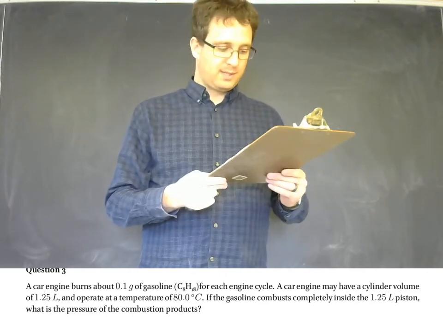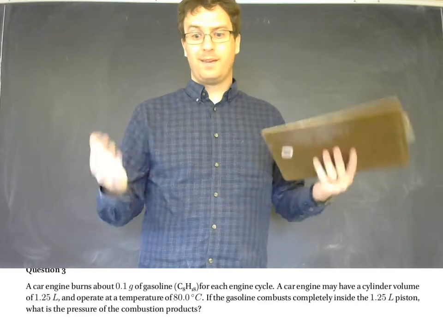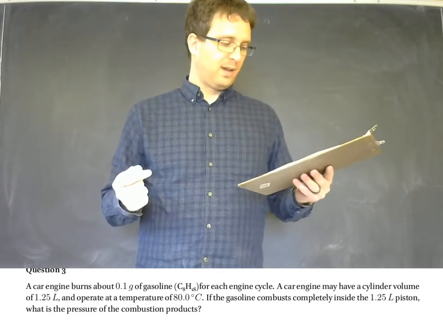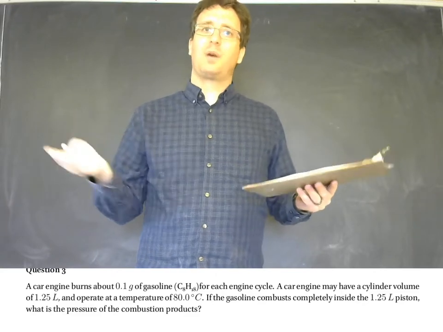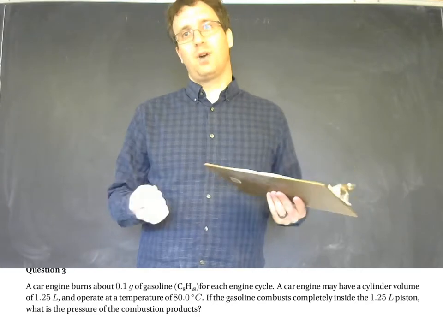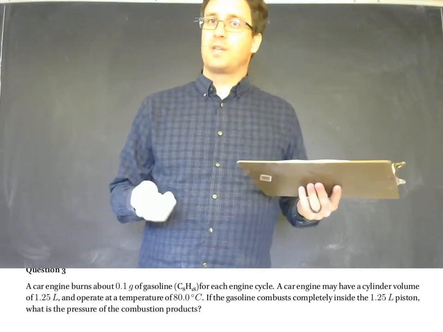So this is a many-stage problem. We're going to be asking about the pressure of the combustion products, which means we need to know the number of moles of combustion products. And so we're going to need a balanced chemical reaction.